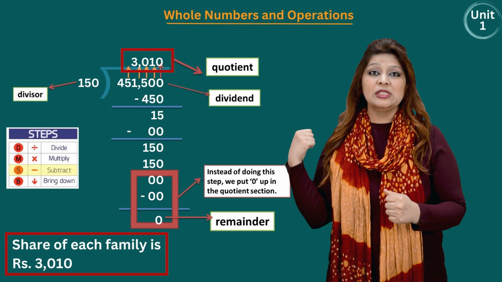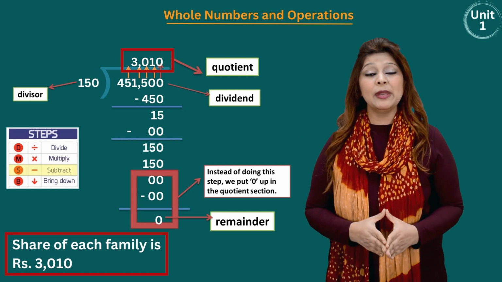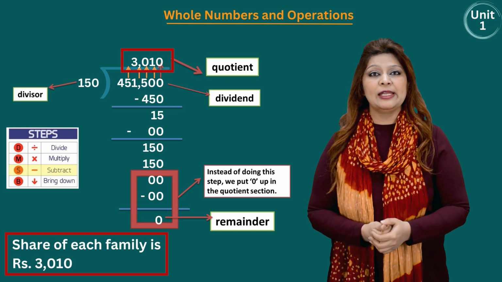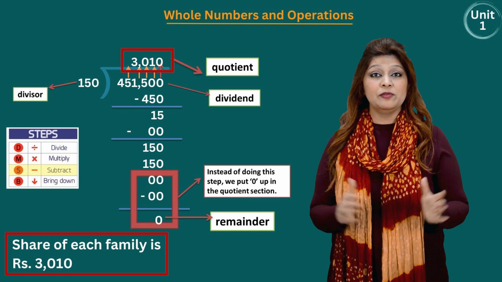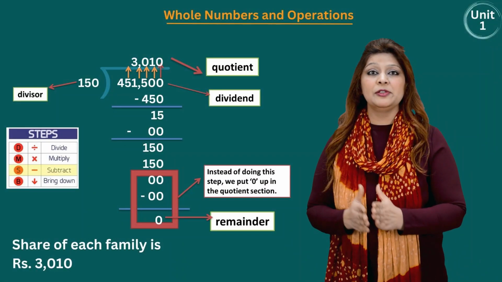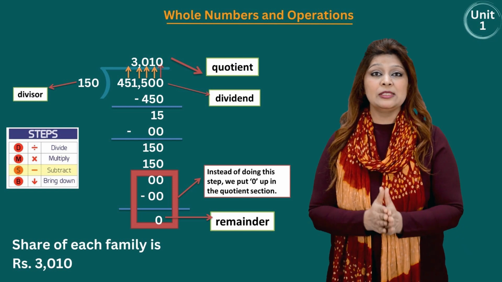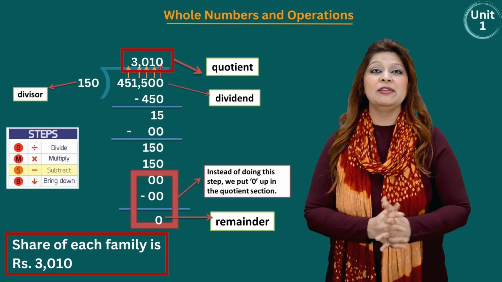This is with an equals sign. If I write that, then this will be a statement. But because we write an ending sentence, in the ending sentence we do not have an equality sign, so we can say it like this: Ali will distribute rupees 3,010 in these needy families.